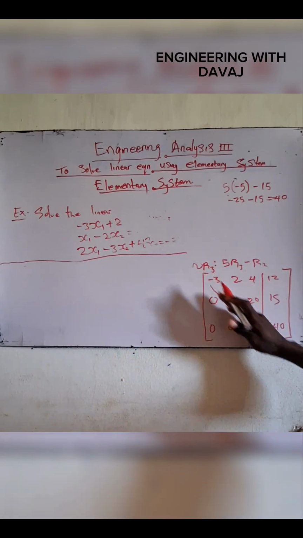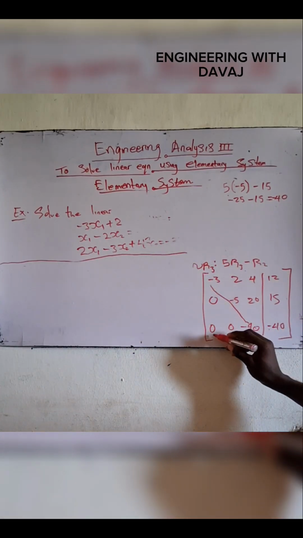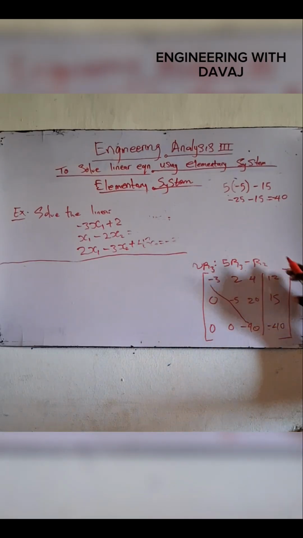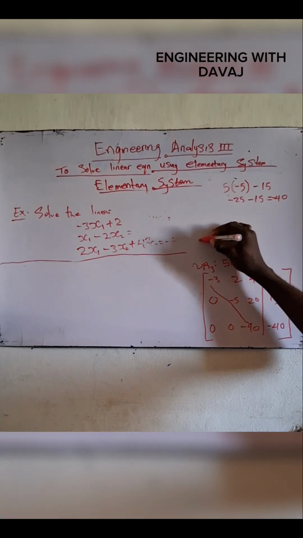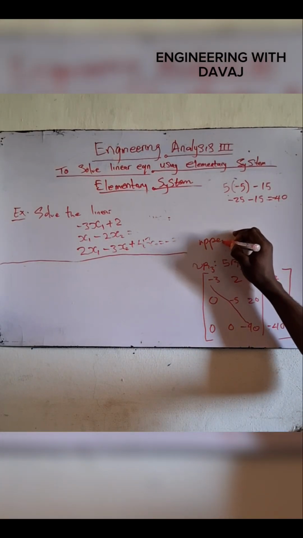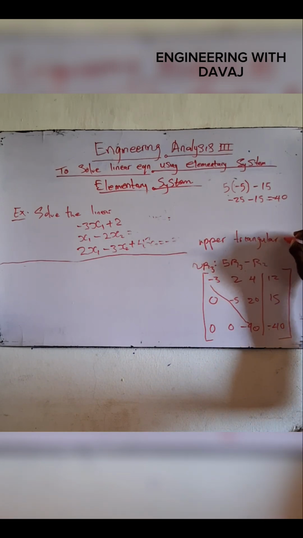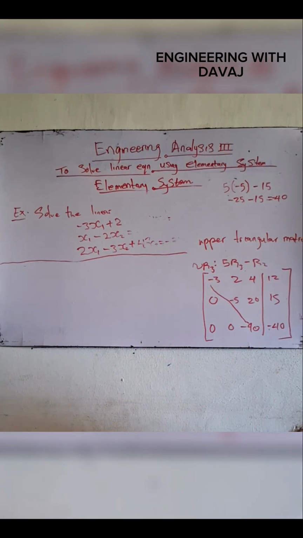This is the diagonal that I was talking about earlier, and I've turned what was here initially to 0, 0, and 0, which makes this an upper triangular matrix.